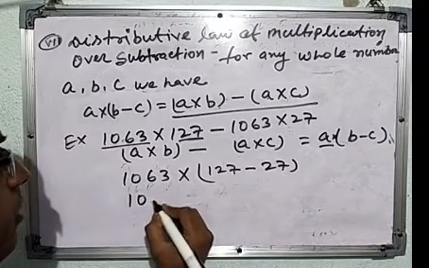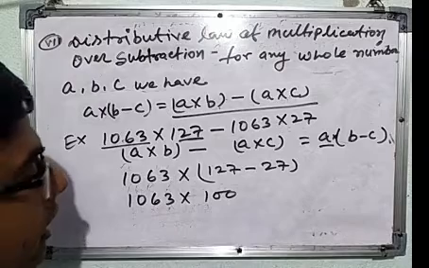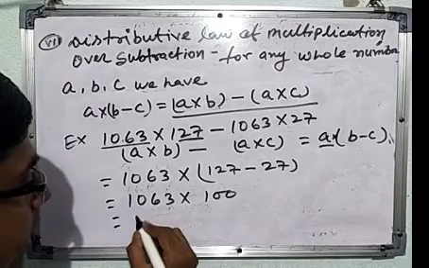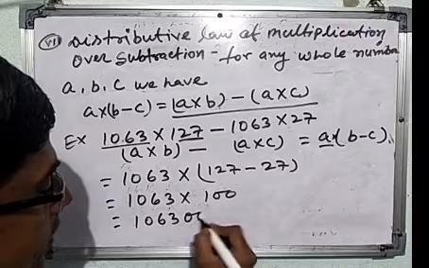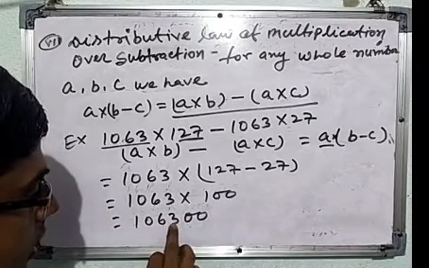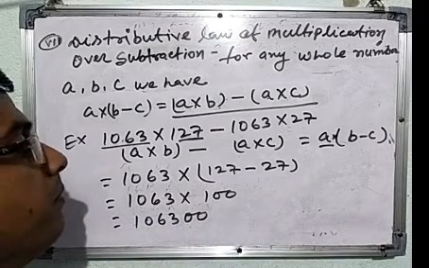So you write 1063 into the subtraction, which comes to 100, and if you multiply, we get 1 lakh 6,300.